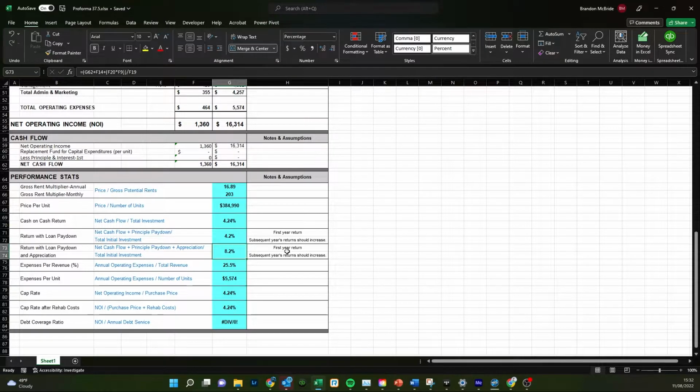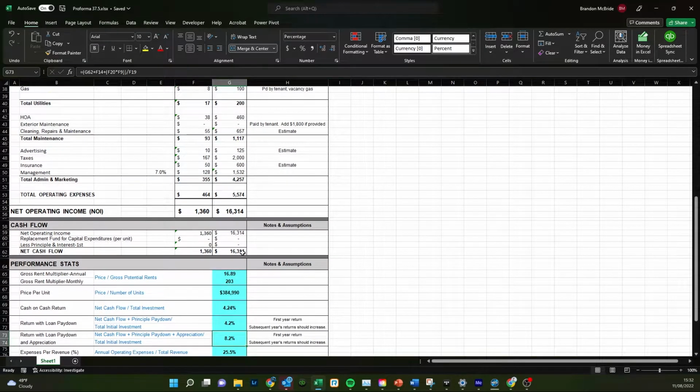So if we go back up here, you can see some of the benefits of buying in cash is you would have the full $16,000 in net cash flow, which would give you a pretty good cash buffer there, and you'd have a 4.24% cash on cash return, which honestly is more than you could see on very many other investments.